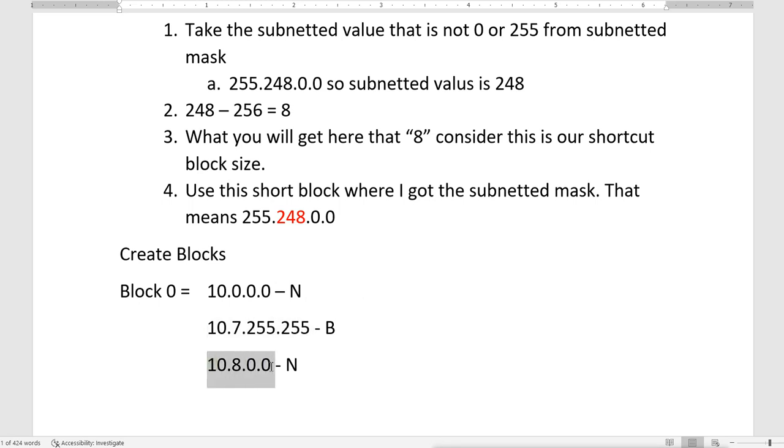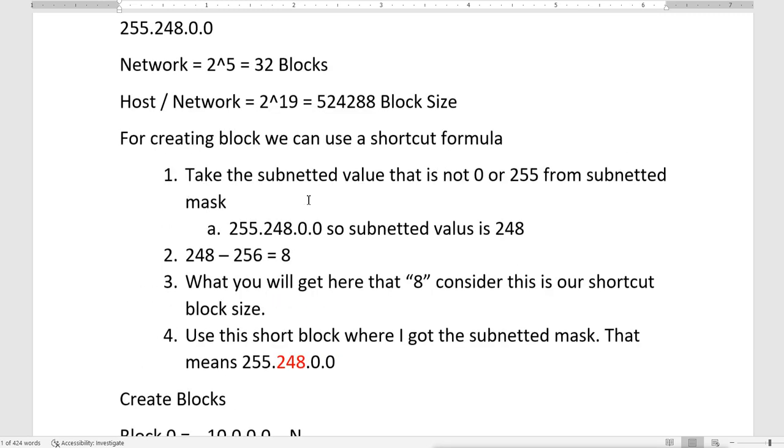10.8.0.0. So this is your first block, and the block will start from 10.0.0.0 and it is going to end on 10.7.255.255. This number goes 256 times, and this number goes 8 times 256, and then we get the total number of hosts in a single block.